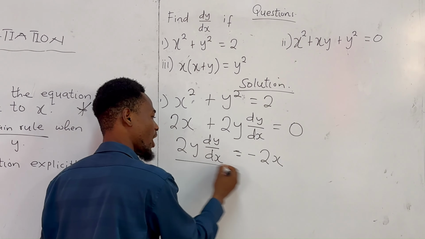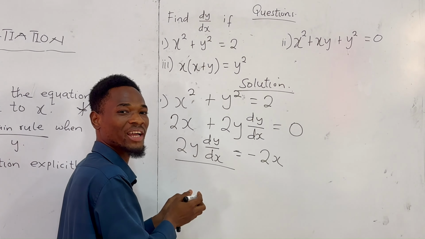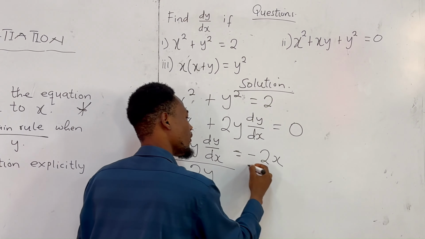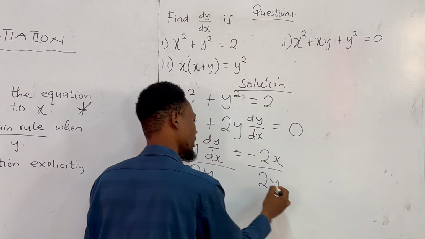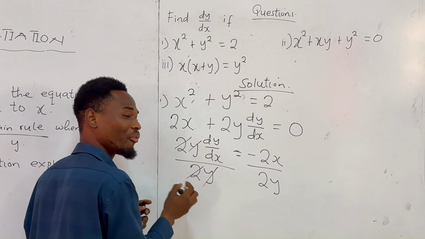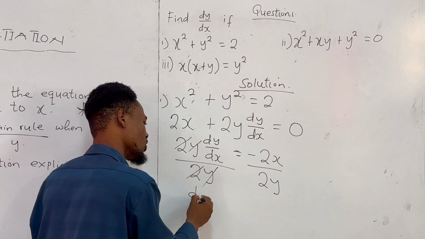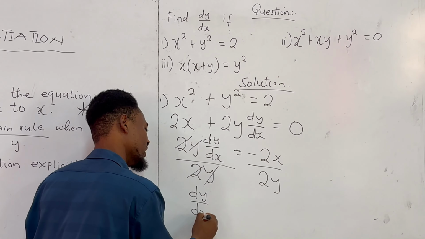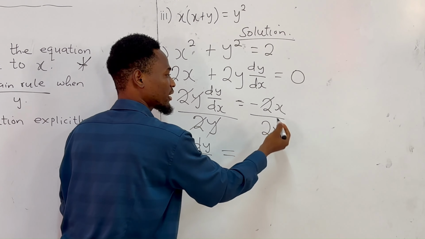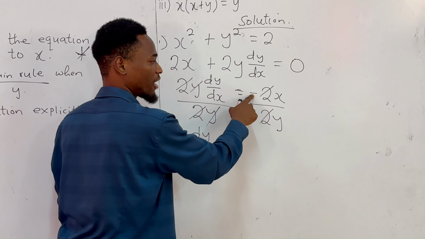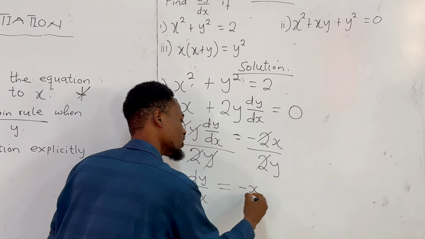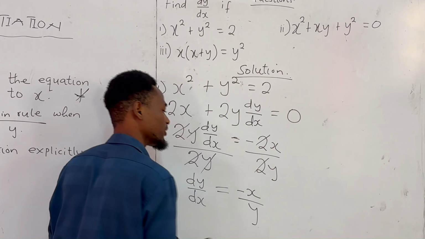I'll divide both sides by the coefficient of dy over dx, which is 2y. 2 cancels 2, y cancels y. So finally I have dy over dx, giving me, 2 cancels 2, so I have negative affecting the x. So I have negative x over y.